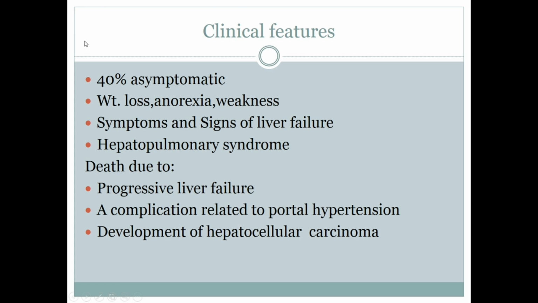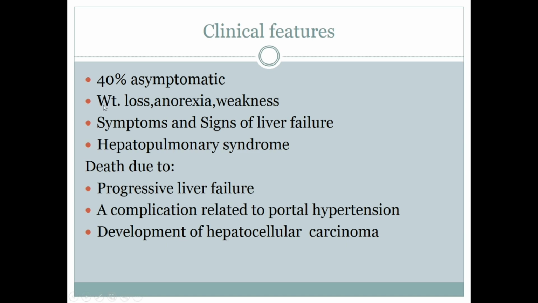So clinical features: 40% are asymptomatic. This is the danger. It's because most of the people who take alcohol, they do not realize the danger that they are destroying the liver. Now, most of them do realize it, even if we tell, they are not bothered. But 40% is asymptomatic. Because they are asymptomatic, they keep drinking.